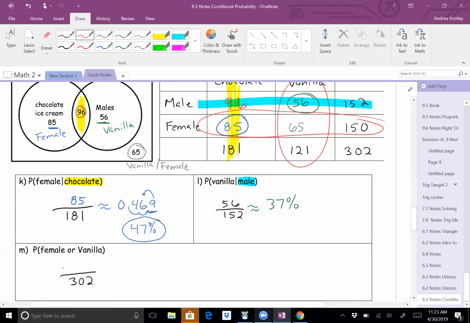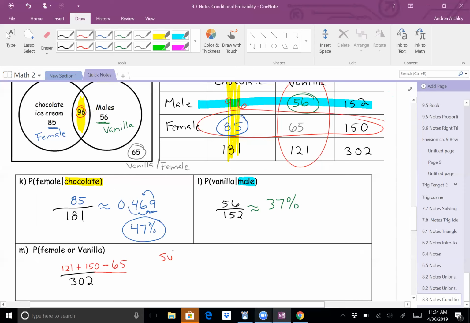So that's going to be 121 plus 150. However, who is getting counted twice here? Which group of people are getting counted twice? Or what number is being counted twice? The 65. Okay, 65 is included in female and it's included in vanilla. So this 65 is counted twice. So you have to subtract the overlap.